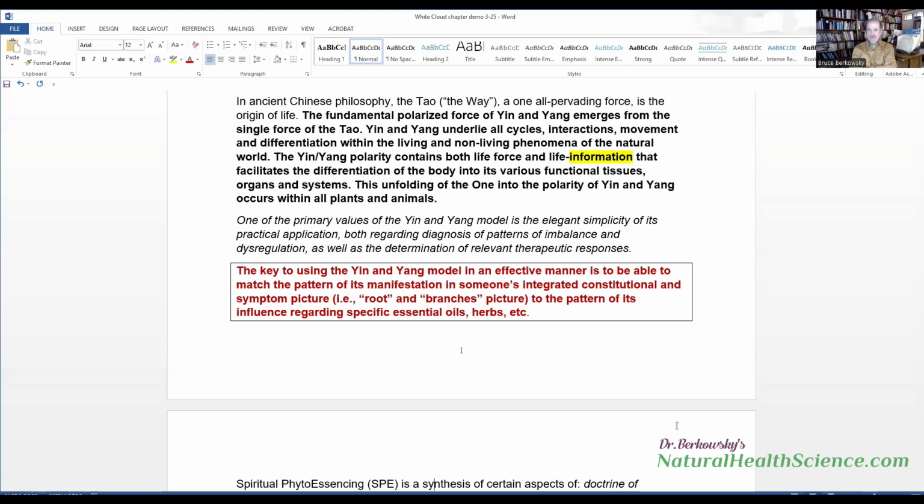So an effective treatment of the branch or understanding of the branch will reveal to you a greater understanding of the root. And by doing so, you'll be treating some aspect of the root as well.